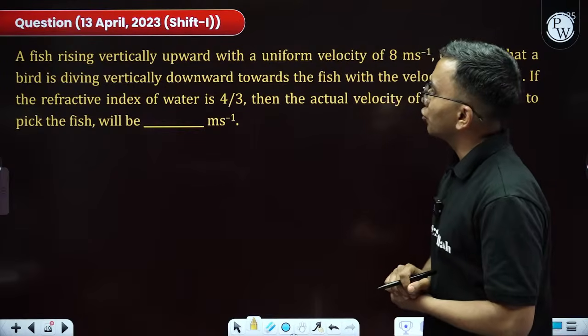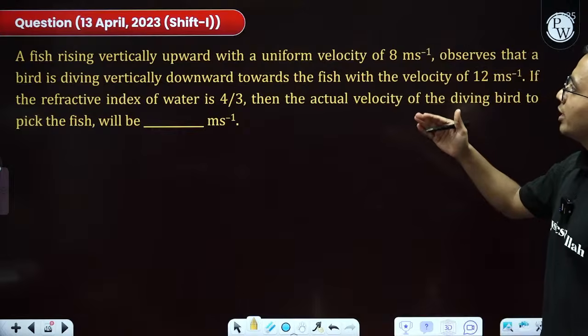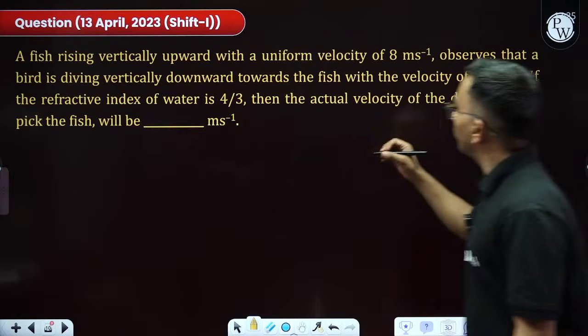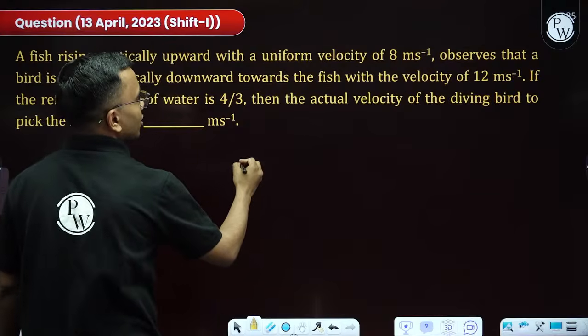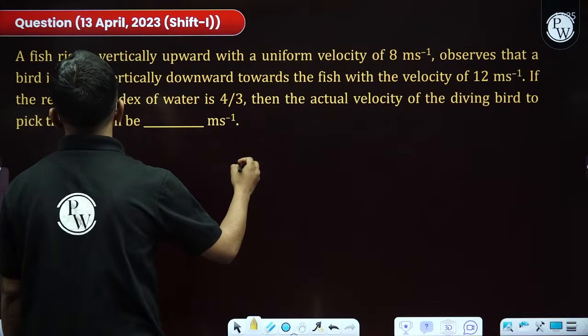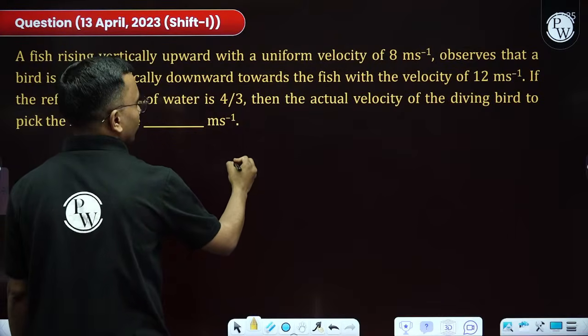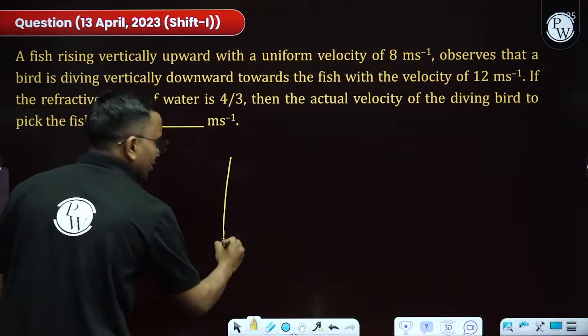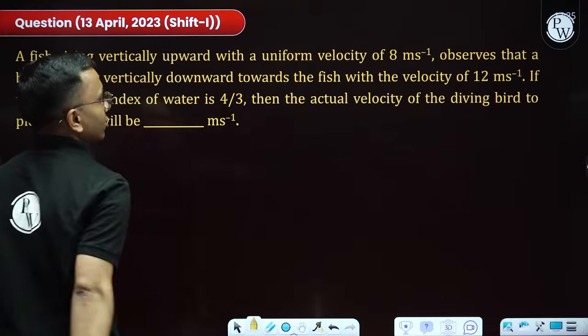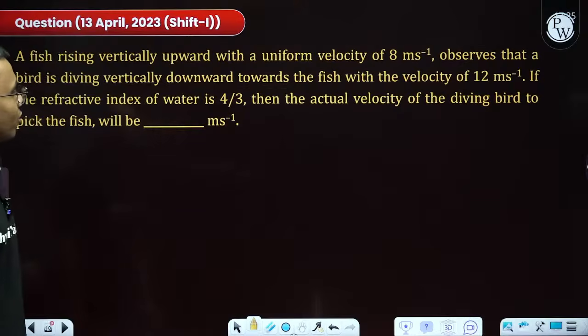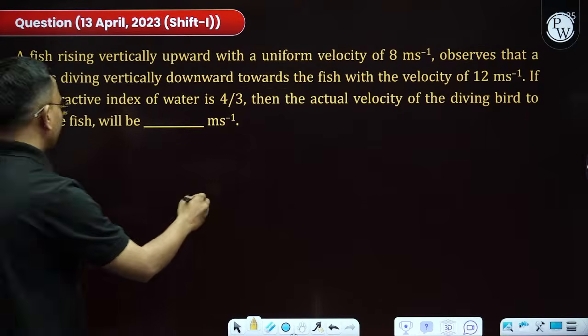Next question. A fish rising vertically upward with a uniform velocity of 8 meter per second observes a bird diving vertically downward towards the fish with velocity 12 meter per second. If the refractive index of the water is 4/3, then the actual velocity of the diving bird to pick the fish will be?